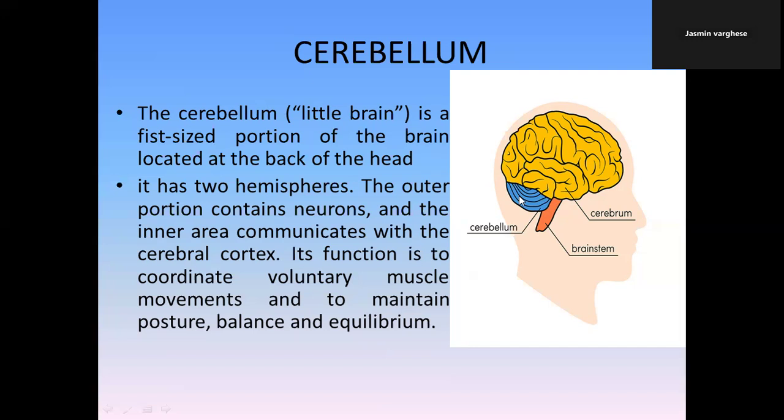It has two hemispheres, that means two equal halves. The outer portion contains neurons, and the inner area communicates with the cerebral cortex. Its function is to coordinate voluntary muscle movements and to maintain posture, balance and equilibrium.